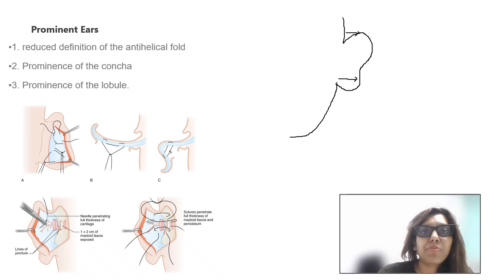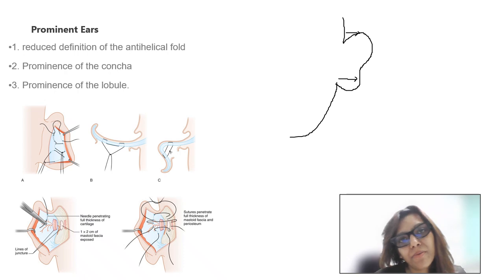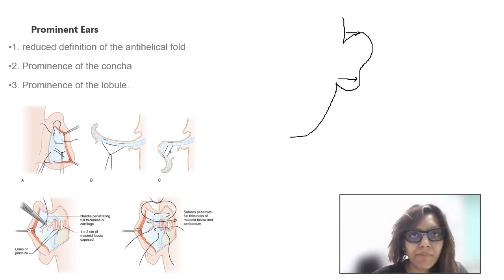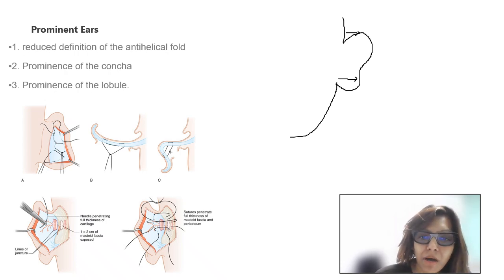The treatment of prominent ear, there are many given, but the ones you can talk about are the two that even I remembered. One is the Mustarde suture, and one is the Furnas conchomastoid suturing. Both of them, the concept is the same.